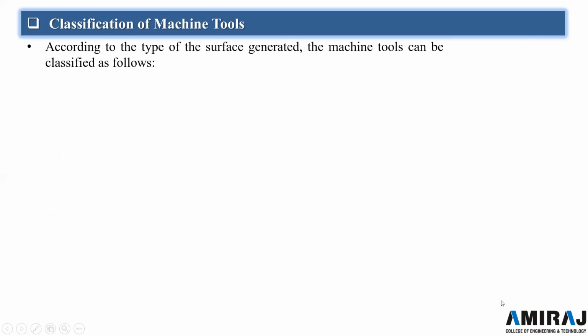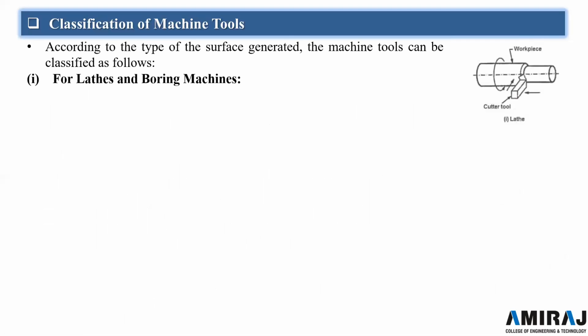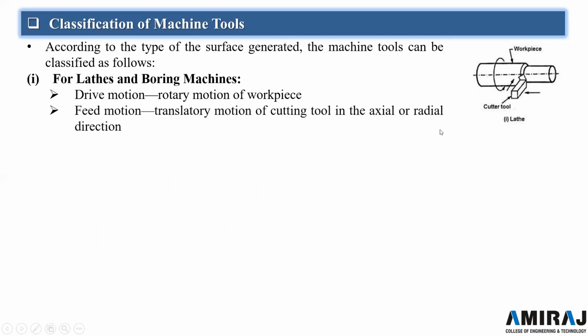Another type, according to type of surface generated, there was for lathe and boring. As I discussed here, I have specifically written what the drive motion and feed motion are. So drive motion is of the workpiece, okay. Rotary motion, this is called drive because from the chuck it is connected with the power or motor, and the drive motion, which means the cutting force actually, that is the rotation, is provided to the workpiece, okay.